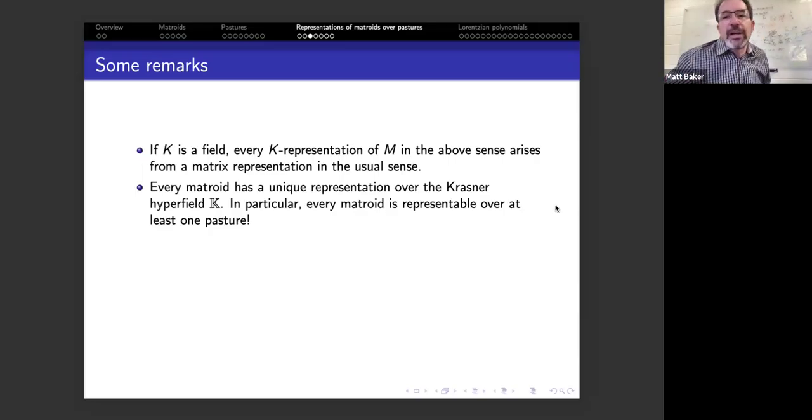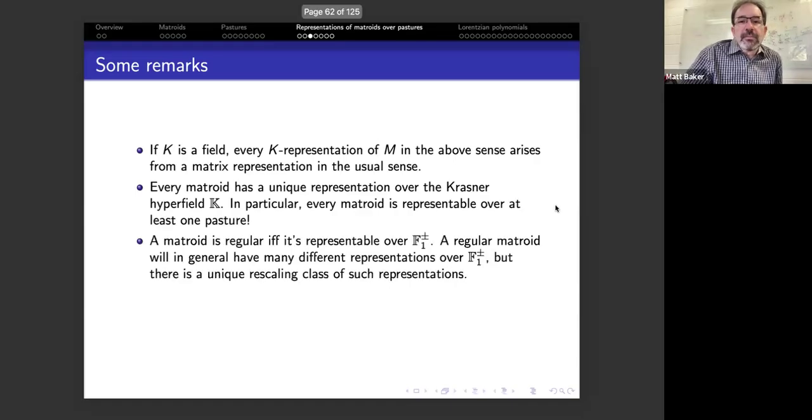So we get that every matroid is now representable. And this F1 thing I introduced before, that's related to regular matroids. So being representable over that F1 is the same thing as being a regular matroid.